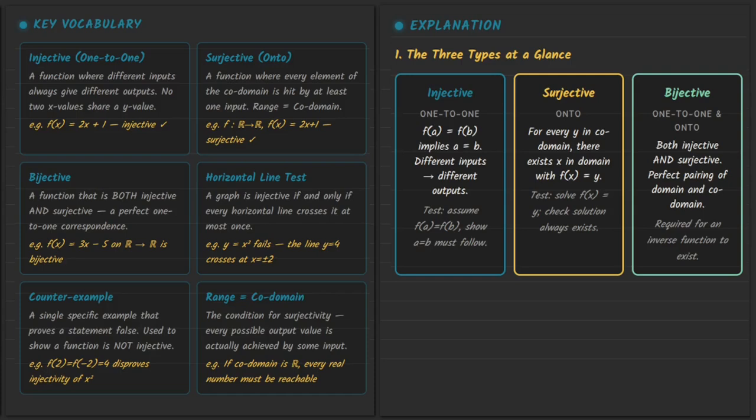So let's start by explaining the three main terms we'll be working on. The first one being injective. I'll try my best and give you some images or diagrams to enhance your understanding. Say a function is injective, it simply means it is a one-to-one function.